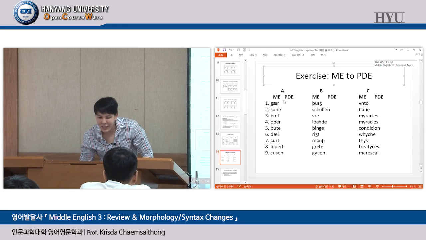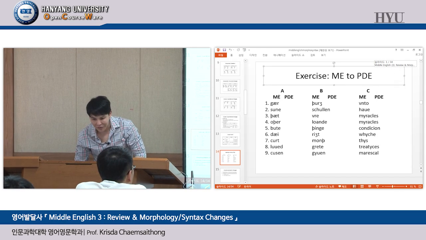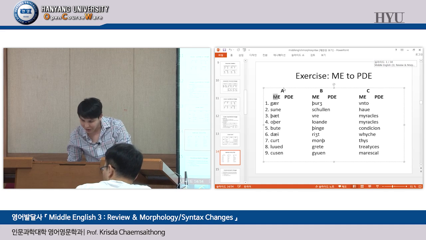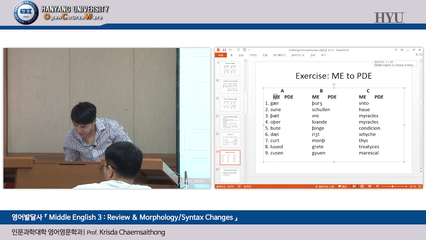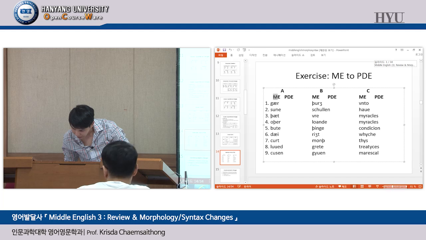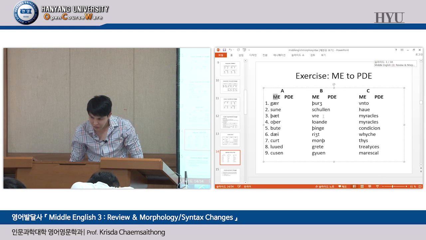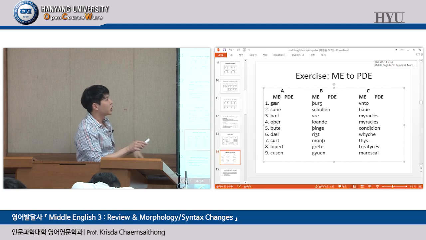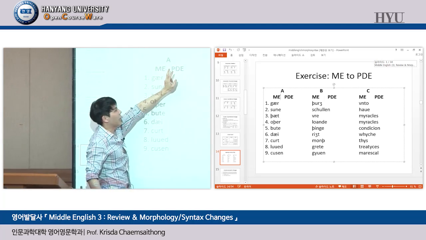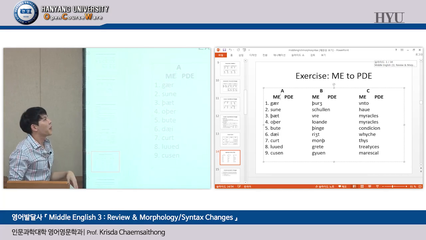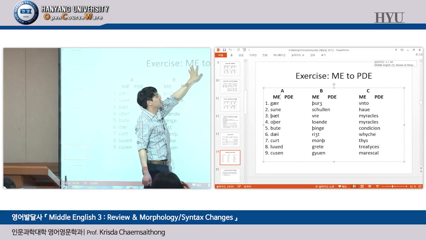It should be Old English and Middle English, not present day English. Somehow I cannot make the change here. So it should be OE and then ME, right? Old English to Middle English. And then here also Old English to Middle English.